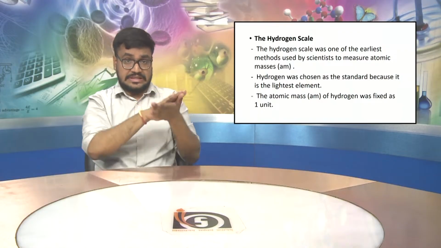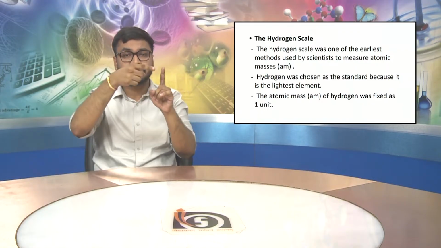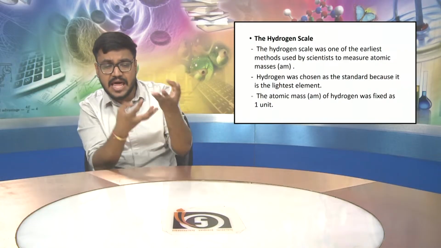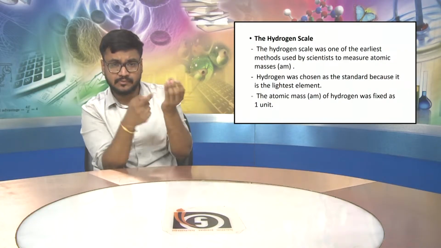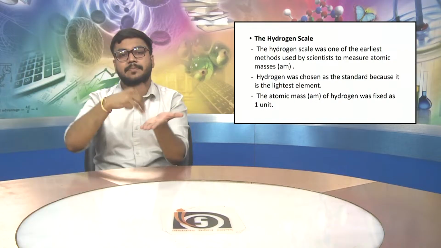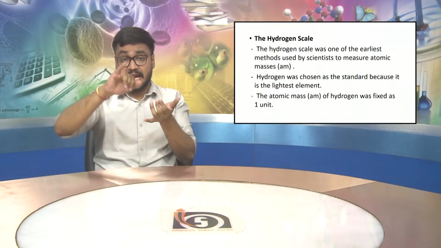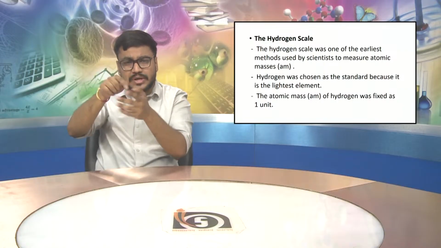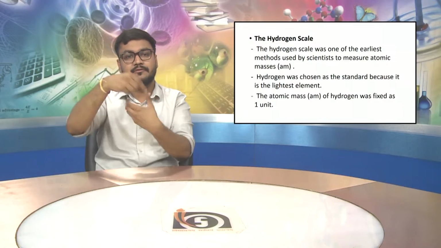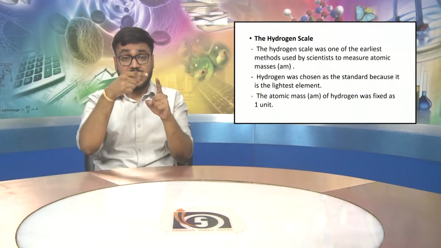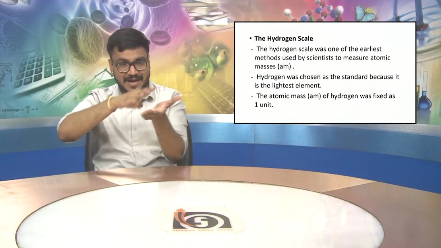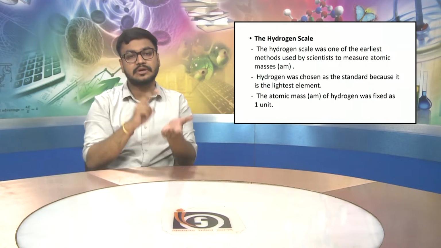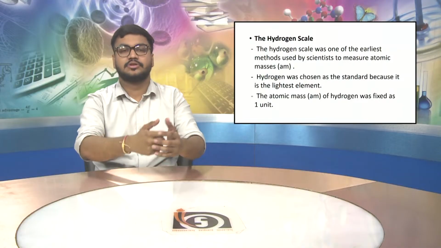The hydrogen scale was one of the earliest methods used by scientists to measure atomic masses. Hydrogen was chosen as the standard because it is the lightest element, and the atomic mass of hydrogen was fixed as 1 unit.